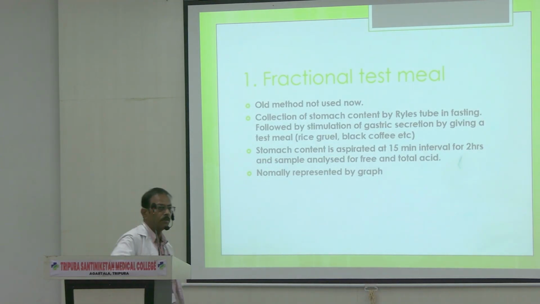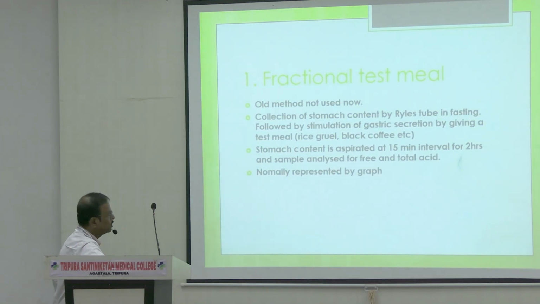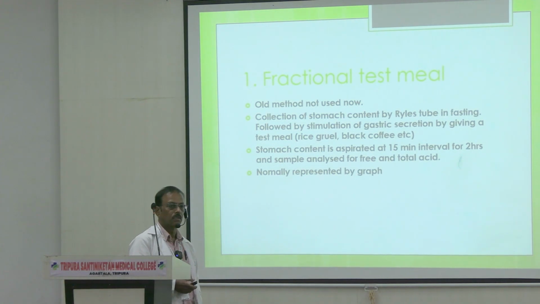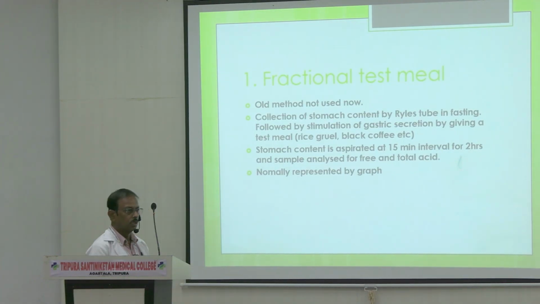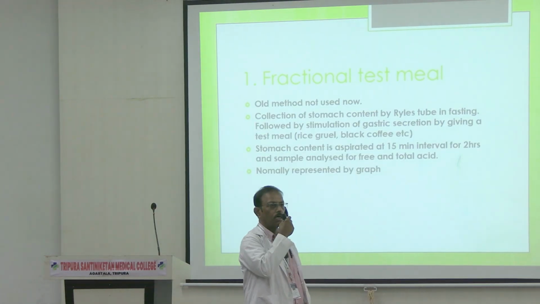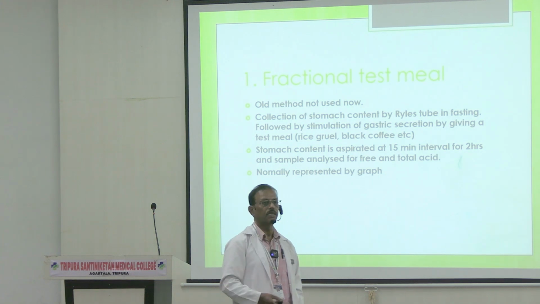In fractional test meal, it is an old method. Nowadays it is not used. Stomach content is aspirated out in the morning using Ryle's tube, a thin tube passed through the nose up to the stomach, and the content is aspirated out.